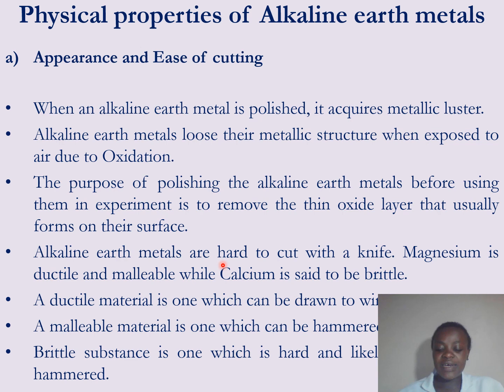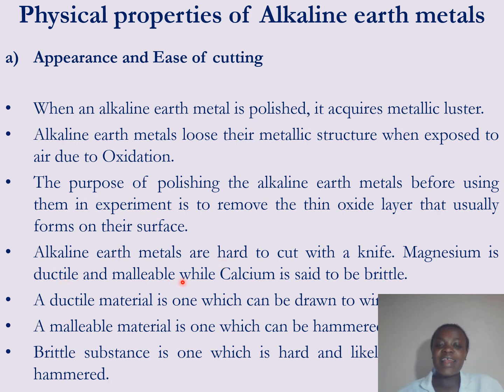When we cut an alkaline earth metal, it reacts with oxygen, so it forms an oxide. That layer must be polished or removed before using the metals in an experiment. Otherwise, we are not going to get the expected results.